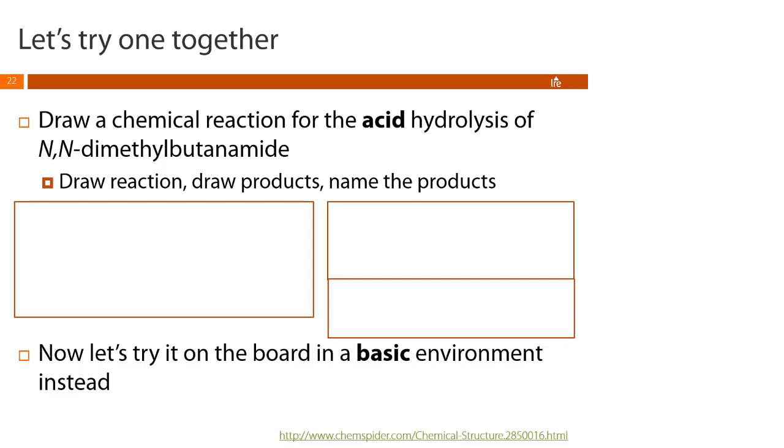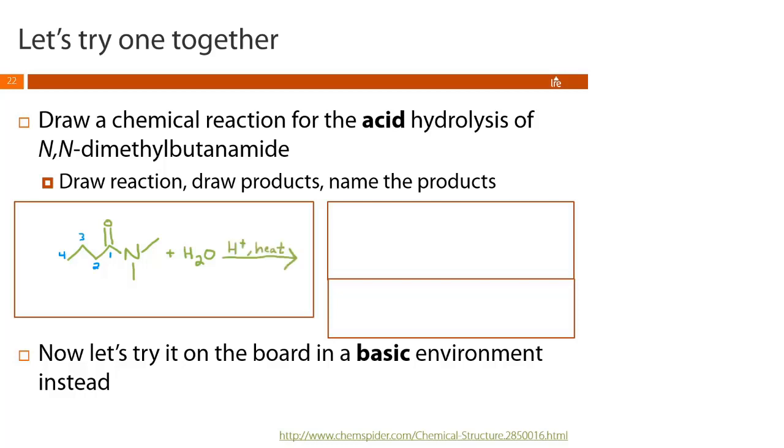So butanamide tells us that our carboxylic acid residue has 4 carbons. Okay, and now our amine residue, the N,N-dimethyl, tells me that we have 2 methyl groups attached to our nitrogen. And since this is a hydrolysis reaction, we have to have water. And we're performing this under acidic conditions, so we need an acid and heat.